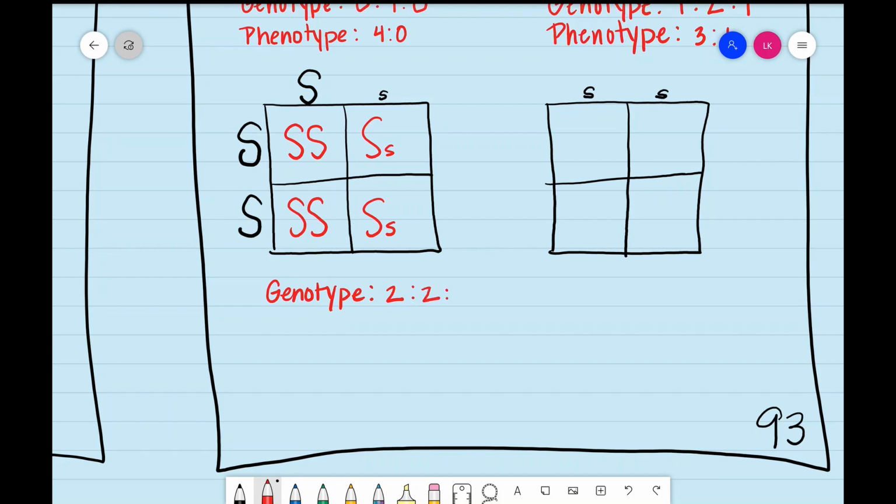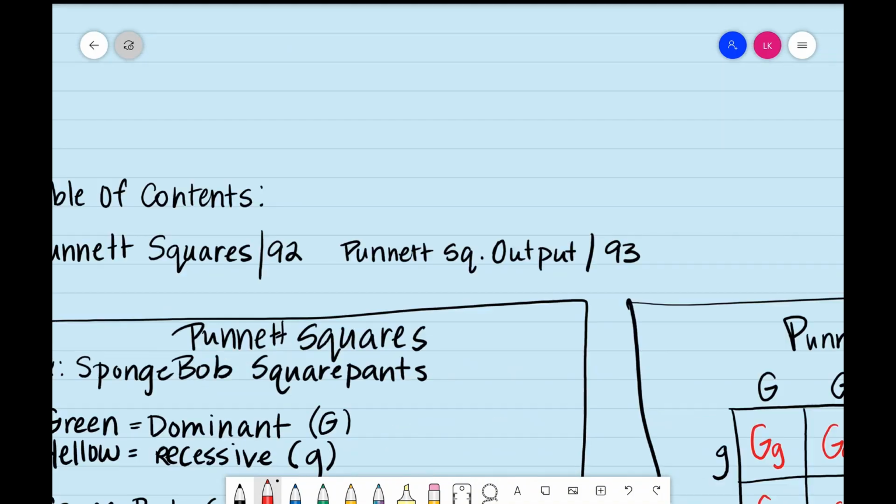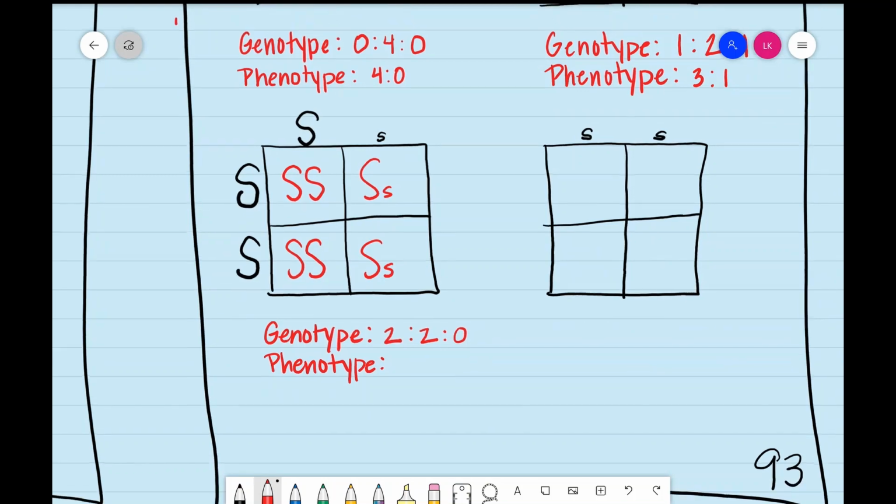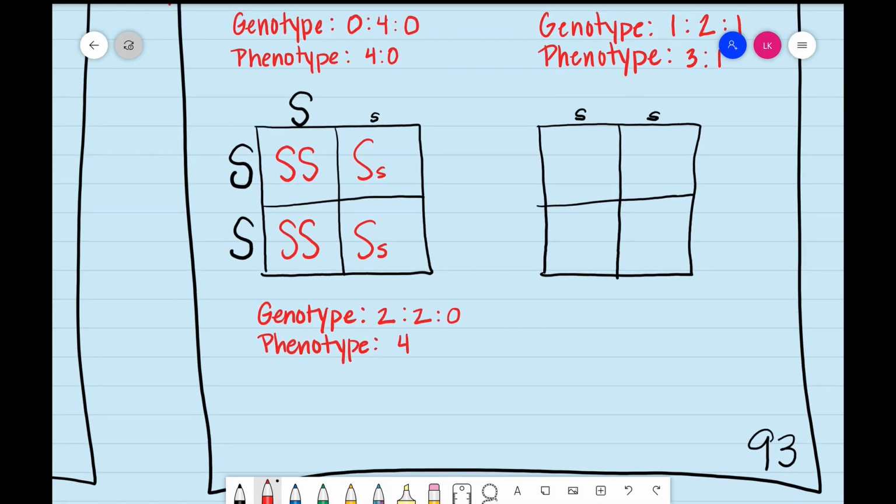And homozygous recessive, there are 0. Phenotype, physical appearance, we're looking at round versus square. So there are 1, 2, 3, 4 that are going to have square. That is the dominant trait, and 0 that the recessive trait will show up.